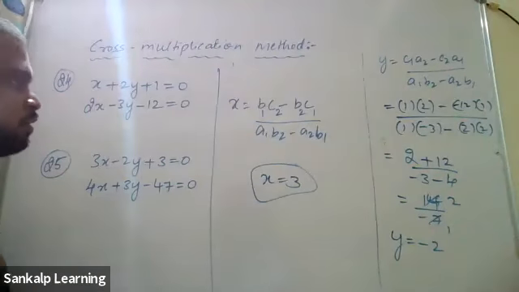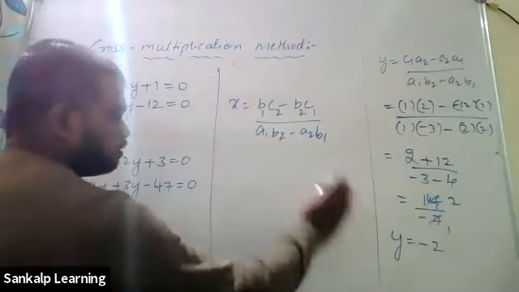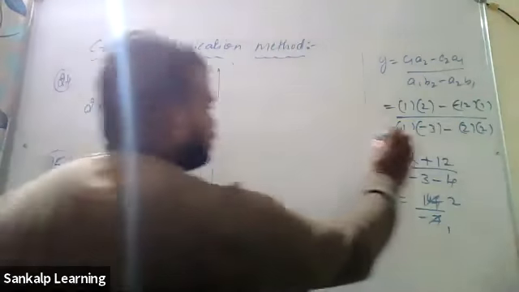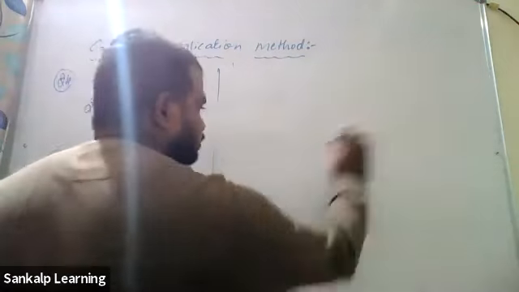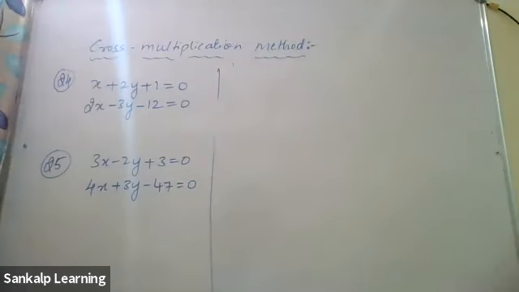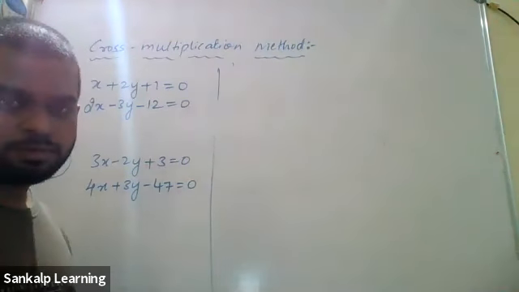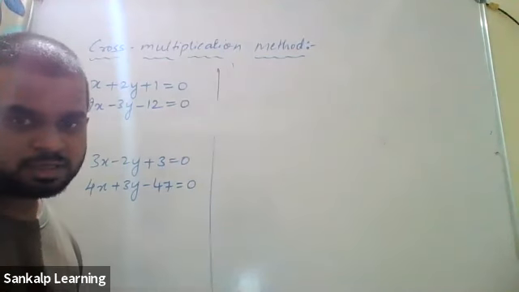Okay then. Finish with the 25th one. So x is equal to 3, y is equal to minus 2. You can try out the next one. Okay, some of you are sending the answers. Let me check it out. 5.6.